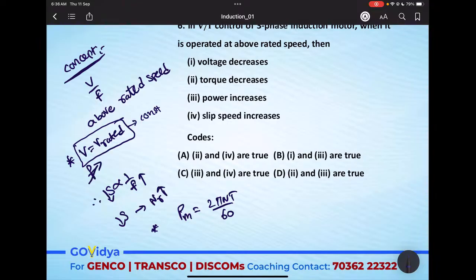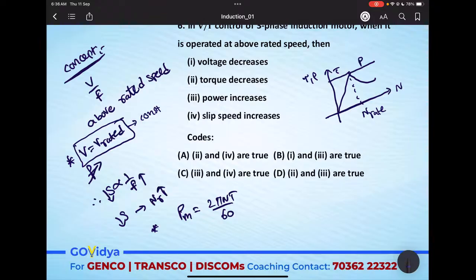Okay, from this equation we can draw the graph between speed versus torque and power, how it is responding. Okay, this is the torque curve, this is the power curve. This point is N rated.